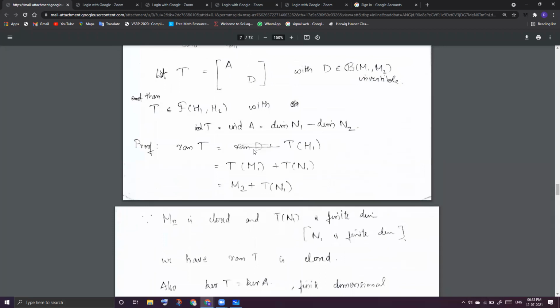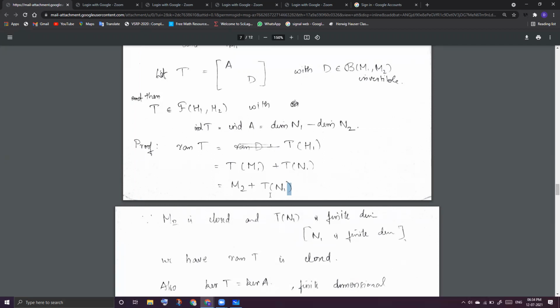Yeah, so to prove this, range of T is T of M1 plus T of N1, and T of M1 is just M2. It's a closed subspace, and T of N1 is a finite dimensional subspace. So it is also closed. The sum of a closed subspace with a finite dimensional subspace is again going to be closed.